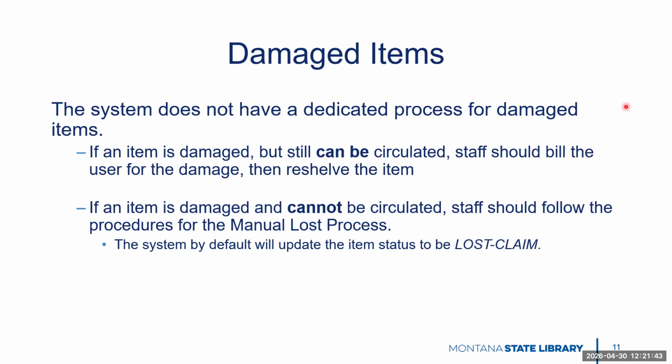So our recommendation is that if the item is damaged and cannot be circulated anymore, it's so badly water damaged or a dog ate part of it, then staff should follow the procedures for the manual loss process, where you're going to use that Mark Item Lost wizard, because that's how you're going to be able to track it to the patron. And then it'll also be able to exist inside of that lost process.